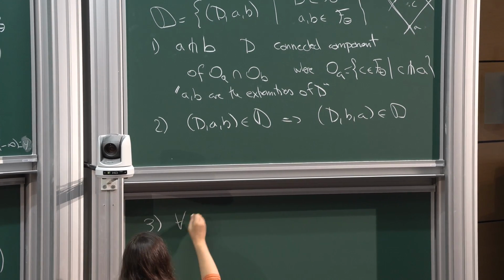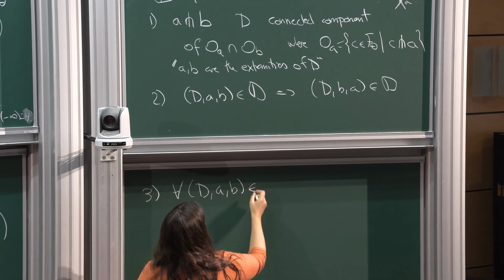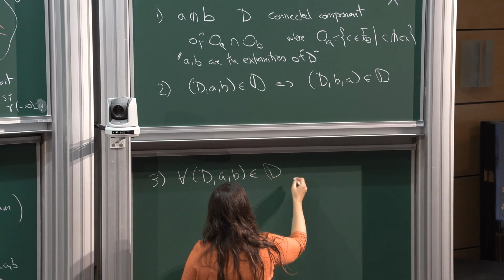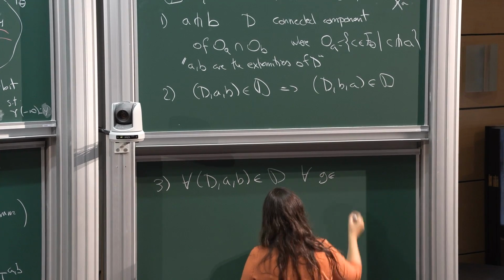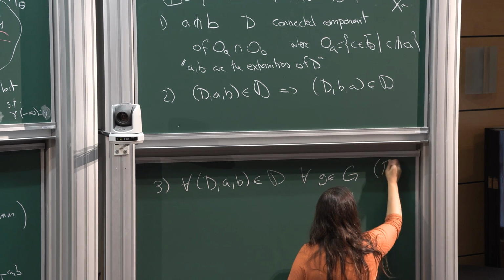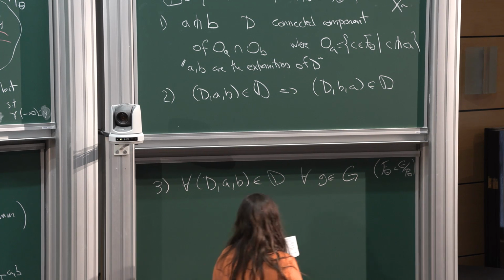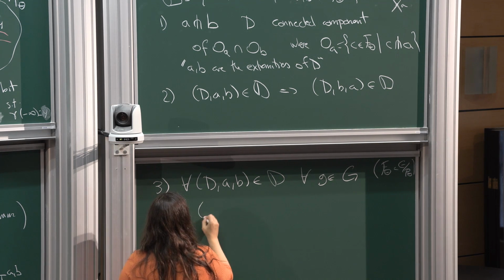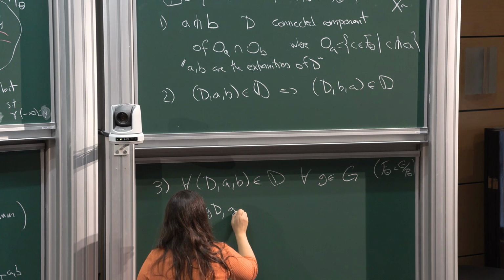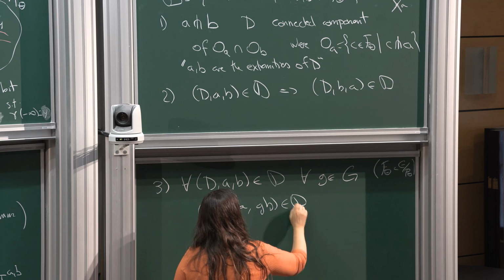A third property is that for any (D, A, B) in my family, and for any g in G, where F theta is G mod P theta, I want that (gD, gA, gB) belongs to the family.